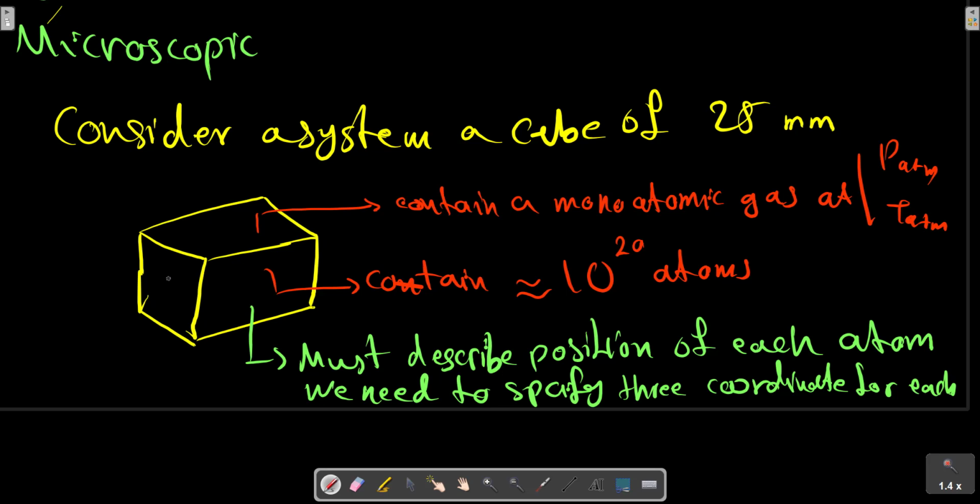We also describe 3 velocity components for each atom. This is a microscopic point of view.